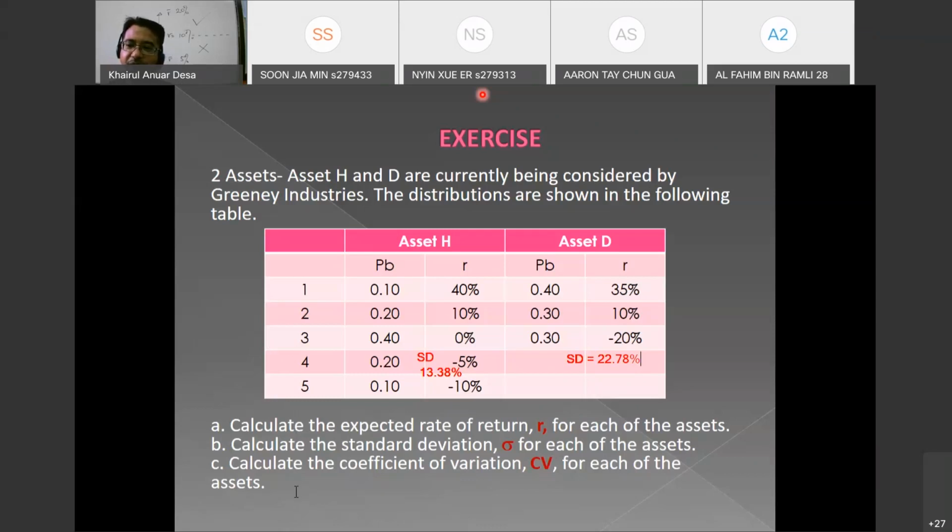CV, okay, you tengok situ, CV untuk H adalah 3.34, sorry, 3.45, dan CV untuk D adalah berapa? 2.071.